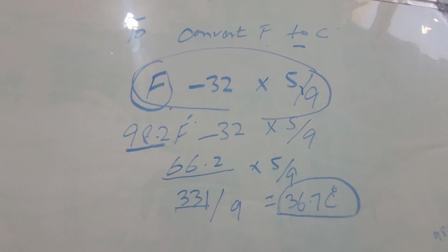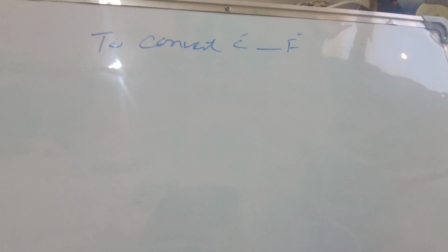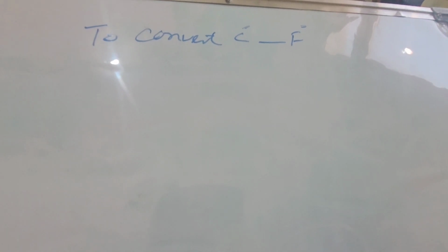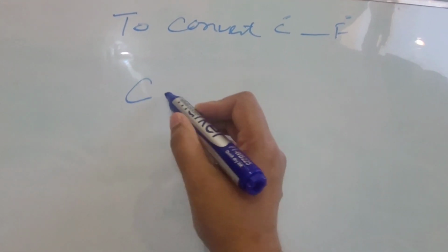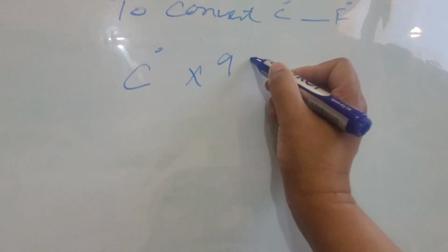Now we will convert Celsius to Fahrenheit. To convert Celsius to Fahrenheit, there is a formula but in a different way. What's the formula? The temperature will come here in Celsius, the reading, and then multiply by 9 by 5.